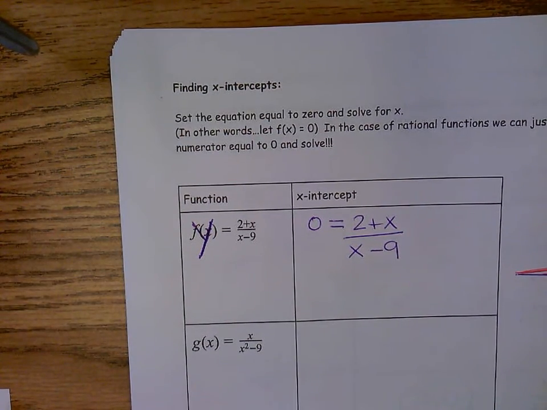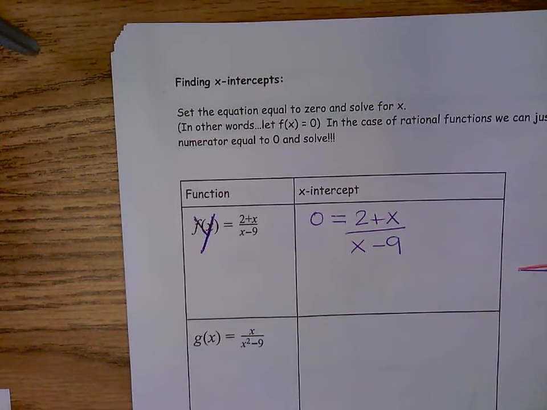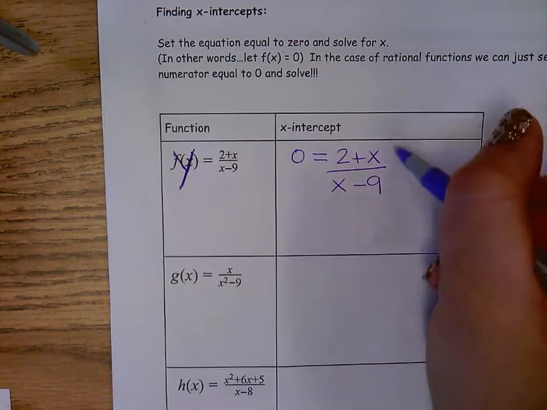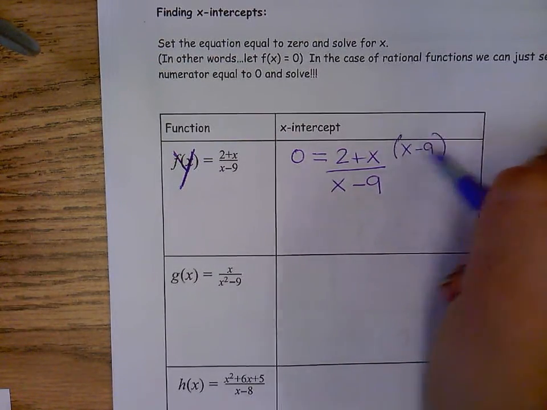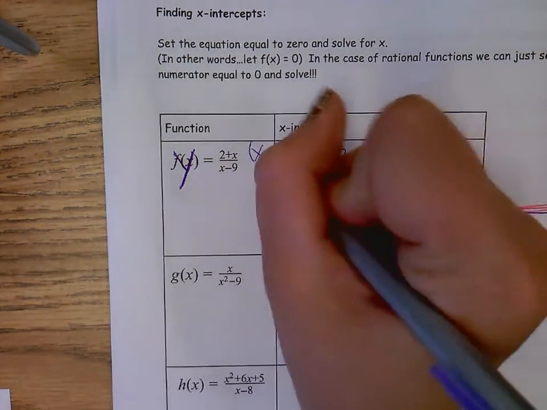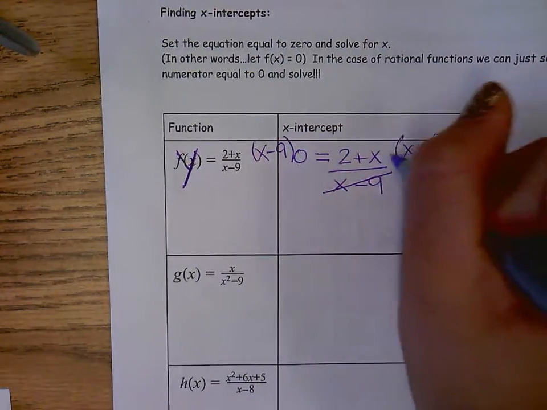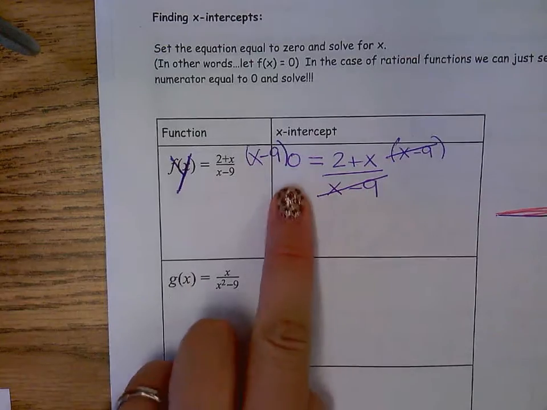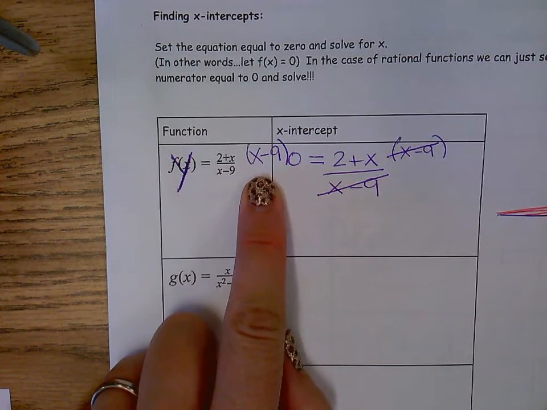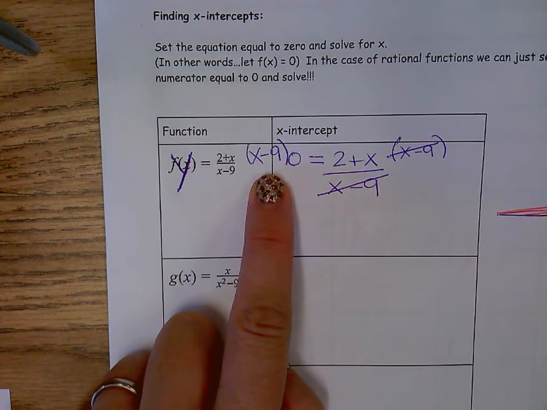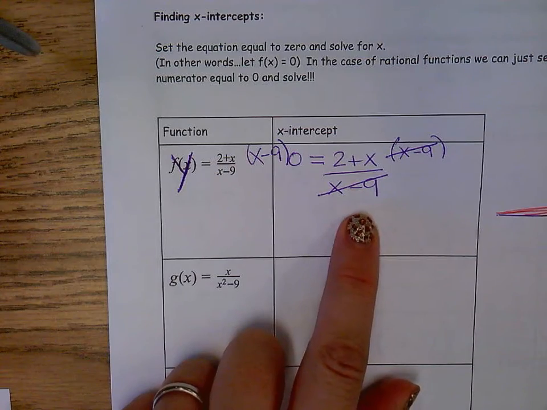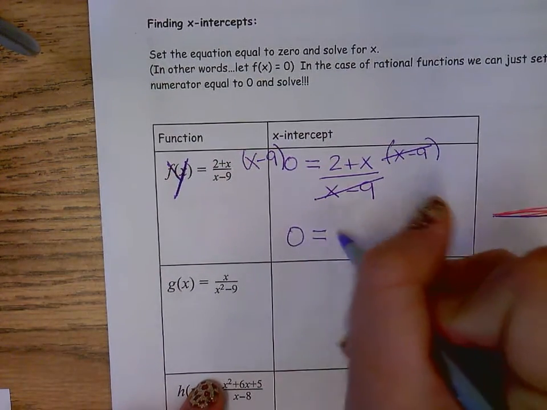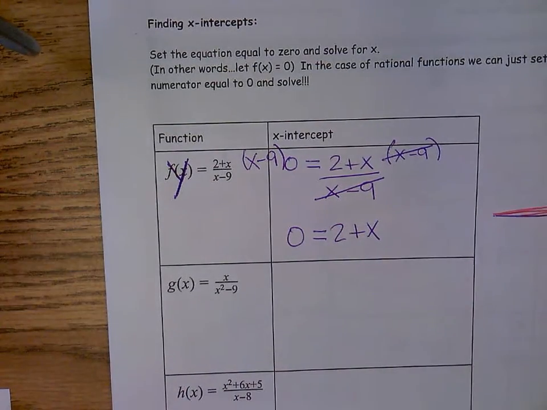What's your first step when you're solving a fraction? You are going to multiply the denominator to the other side of the problem. So I just multiplied the denominator to the other side of the problem. What's 0 times anything? 0. So no matter what your denominator is, after the first step, all you're going to have left is 0 equal to your numerator.